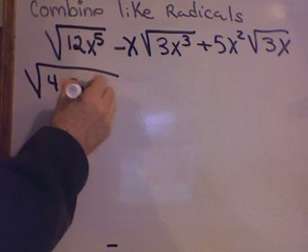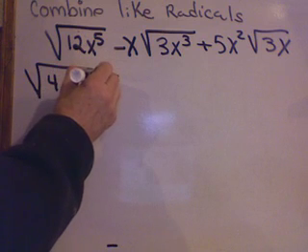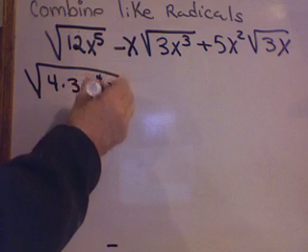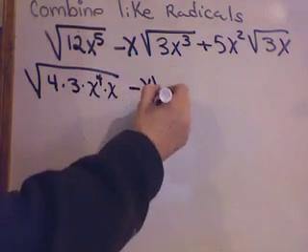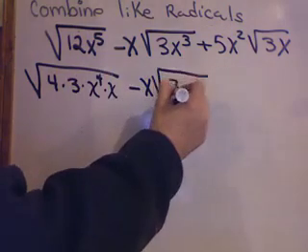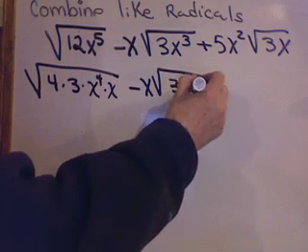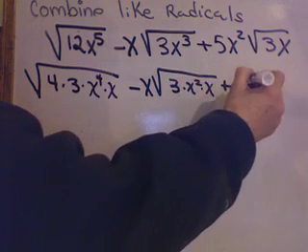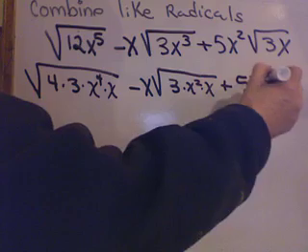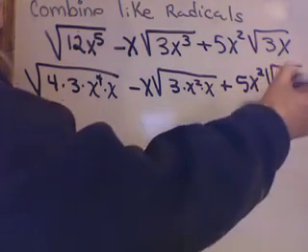X to the 5th, I could call it x to the 4th times x minus x square root 3 times x squared times x plus 5x squared root 3x.